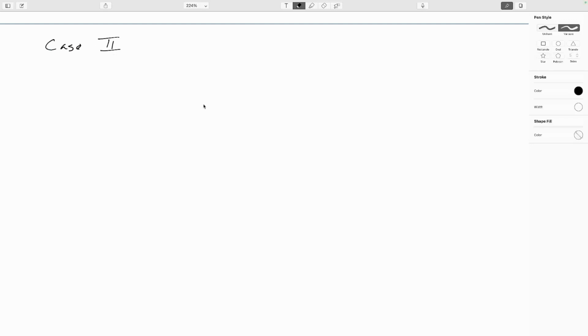So in case 3 is where v and B are either parallel or anti-parallel to each other. This means they point either in exactly the same direction or in exactly opposite directions to each other.